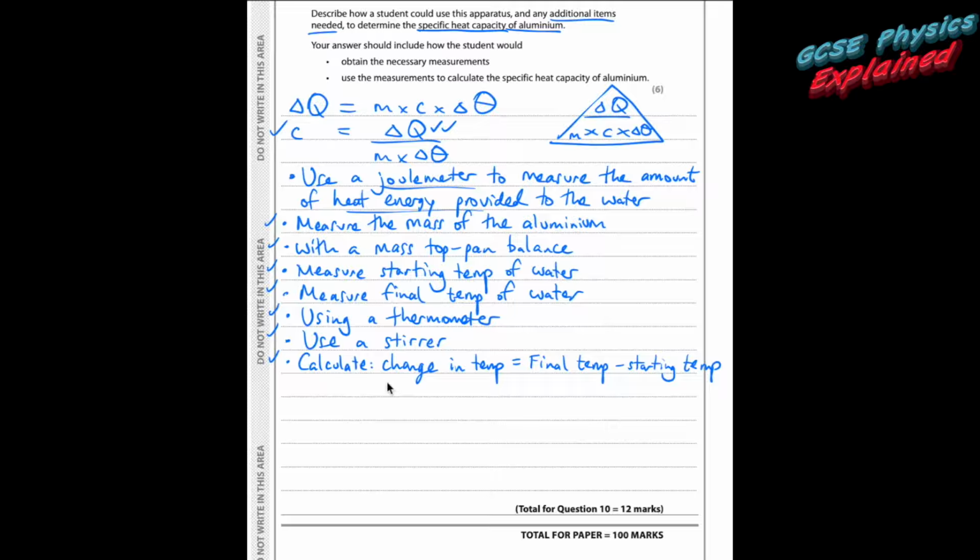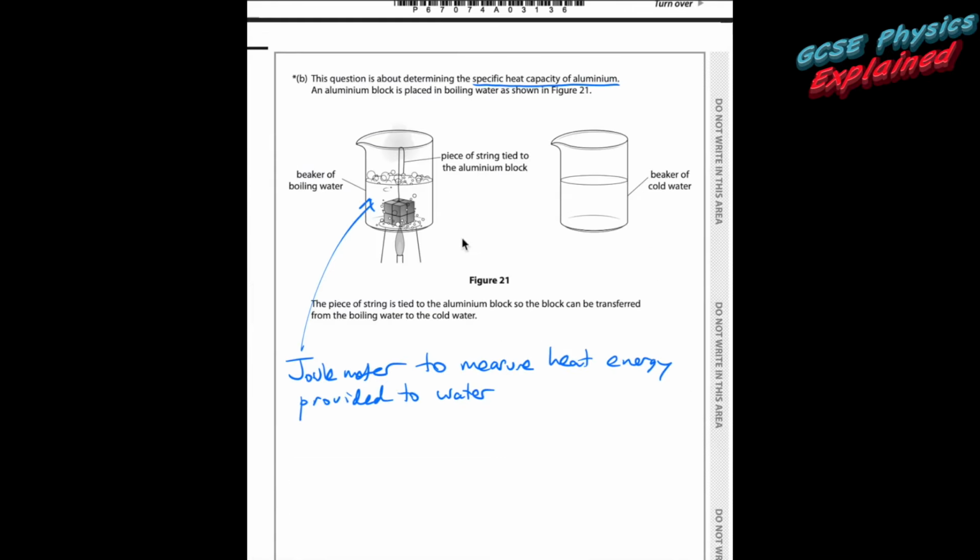Now if you want me to explain a little bit more, the way they normally do this experiment is they'd normally say something like they get this water up to 100 degrees C. That basically means that this block of aluminium is also going to be at 100 degrees C. Now what you'd need to do is measure the temperature of this water here at the start.